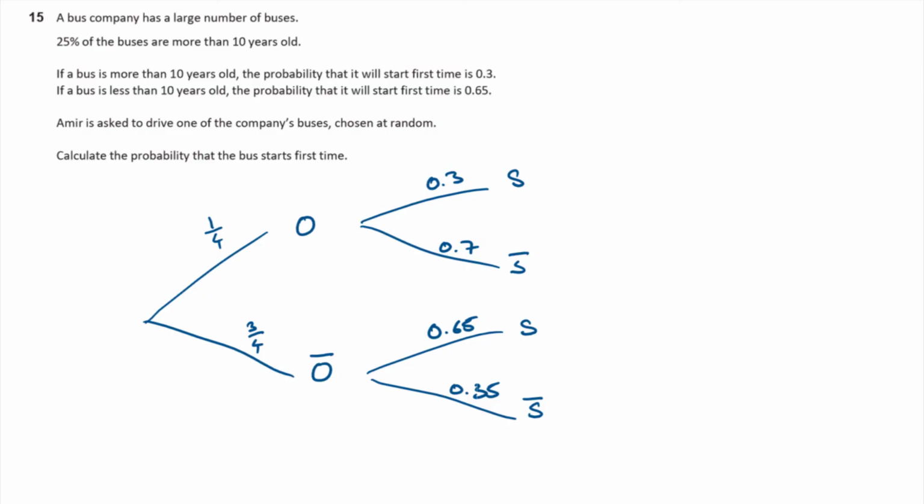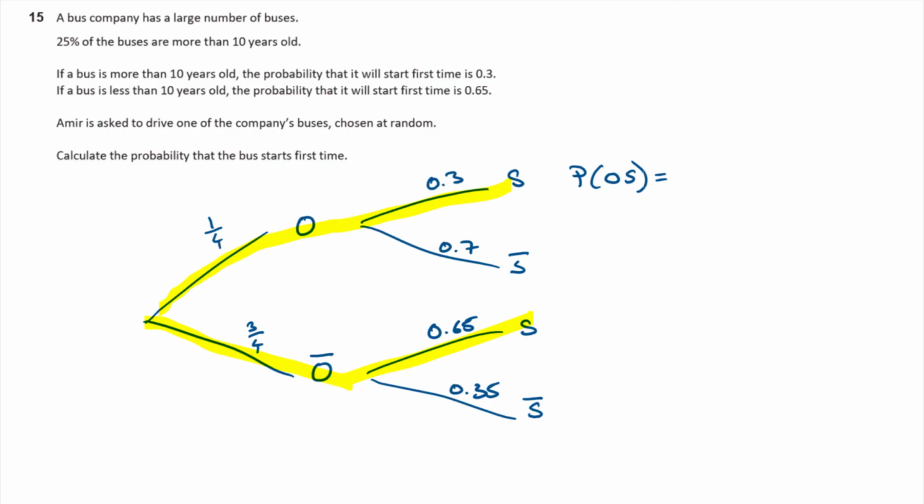Okay, so I need to then calculate the probability that the bus starts first time. So that is going to be this route, old and starts, or this route, not old and starts. Okay, so what's the probability of old and starts? That's going to be 1/4.